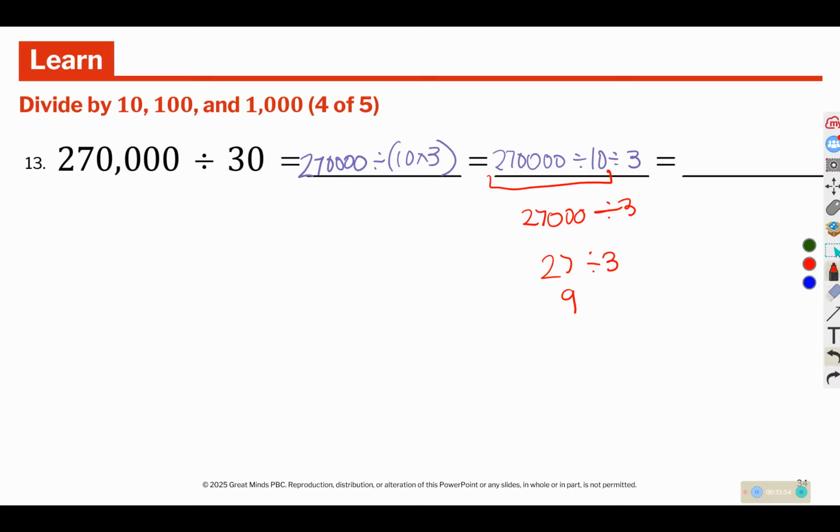So 27,000 divided by 3 is 9,000. I can use that to help me with the next few problems.